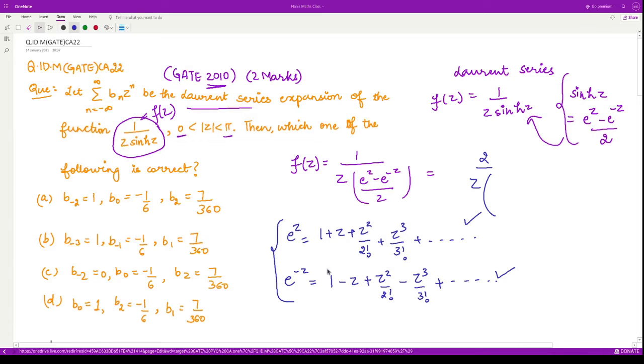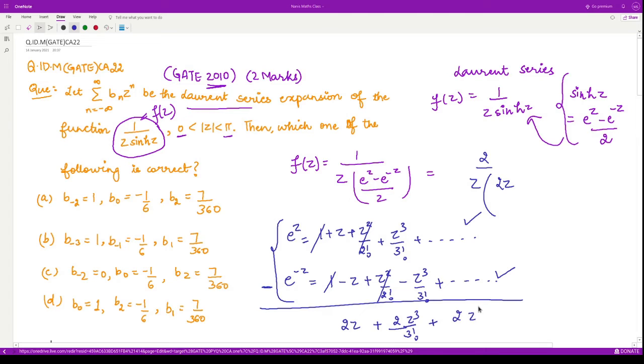When you subtract these two, what would you obtain? This 1 and 1 cancel, so you would have 2z, and then this term and this term would cancel. So we would have plus 2 times z cube by 3 factorial, and then the next power 4 term would cancel.